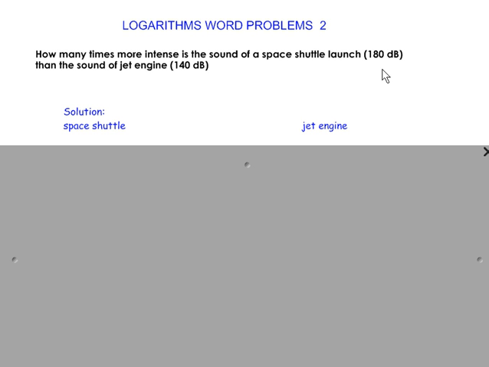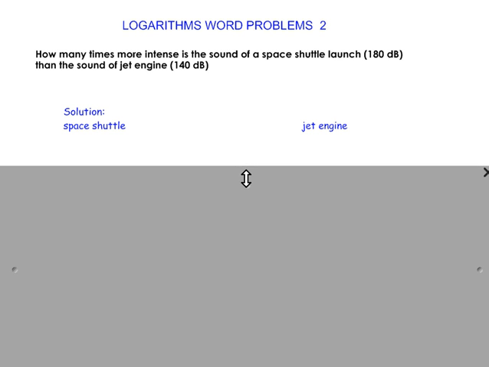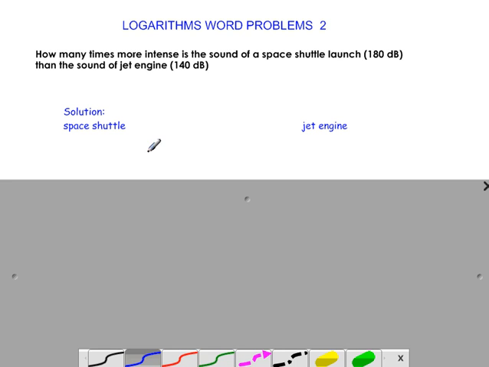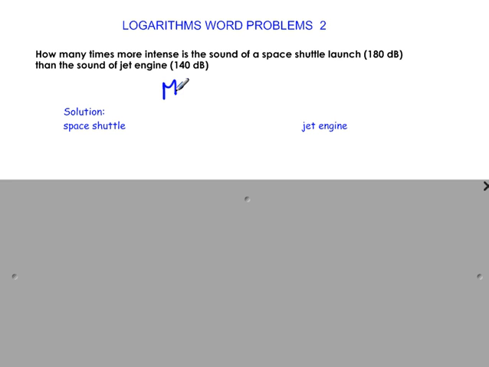The space shuttle is 180 decibels and the jet engine is 140 decibels. So we need to figure out how the intensity of one compares with the intensity of the other. Very similar to the previous problem. The formula, however, is slightly different. So let me show you the formulas.